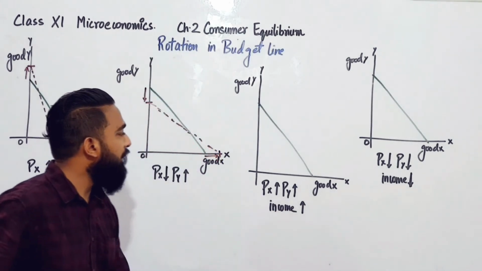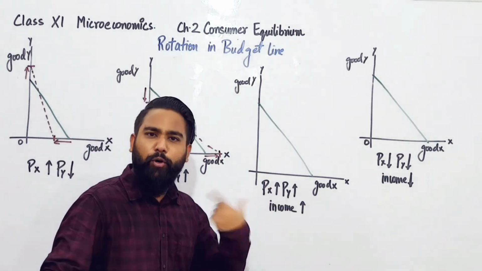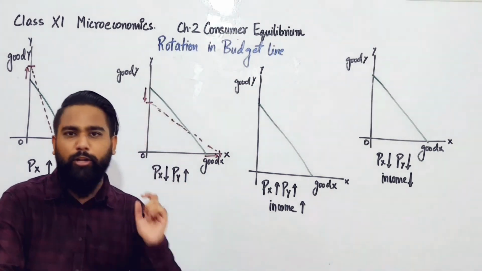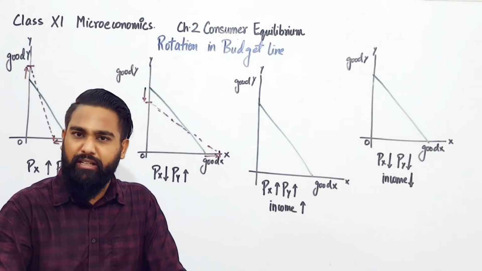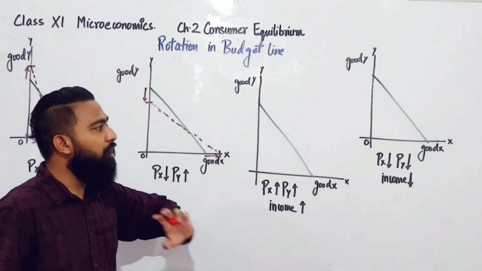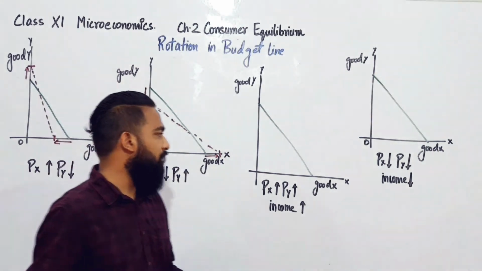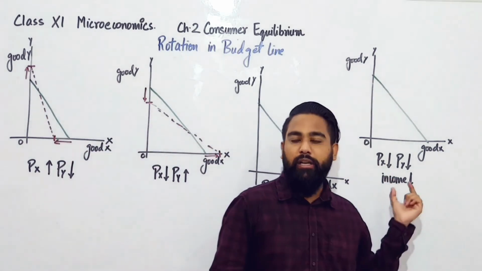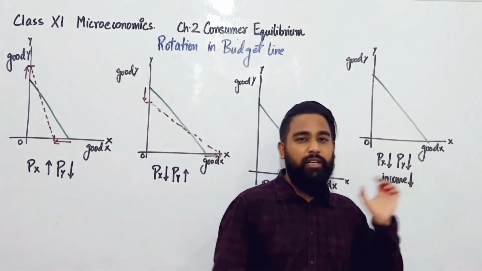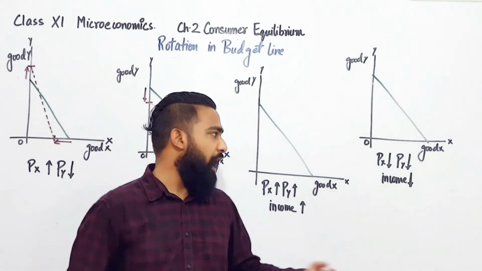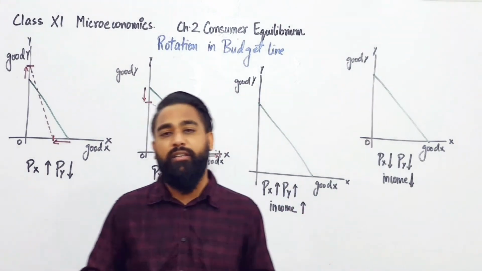Now, next one. When the prices of both goods increase and your income also increases, what happens then? There will be no change in the budget line. And when there is a decrease in the prices of both goods and your income also decreases?